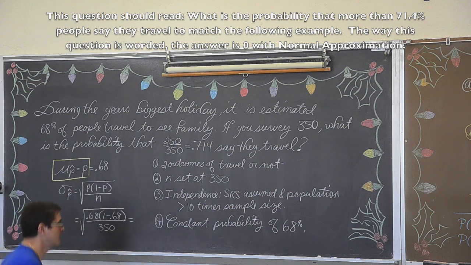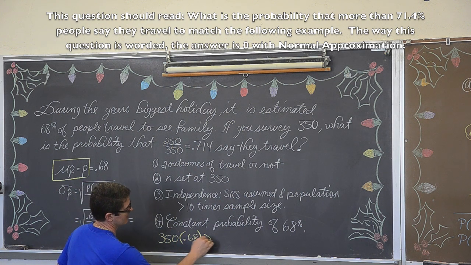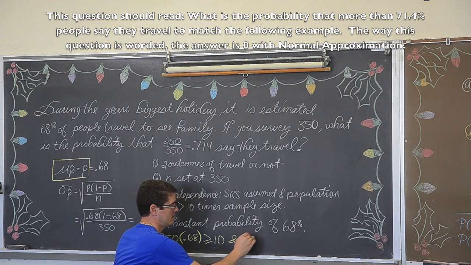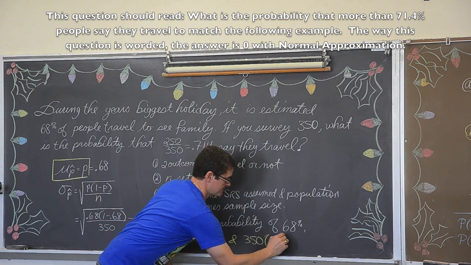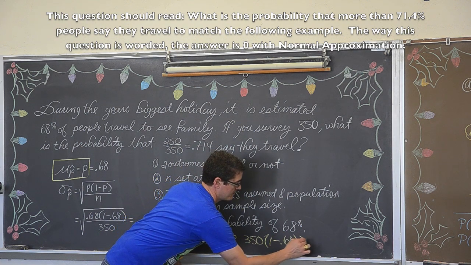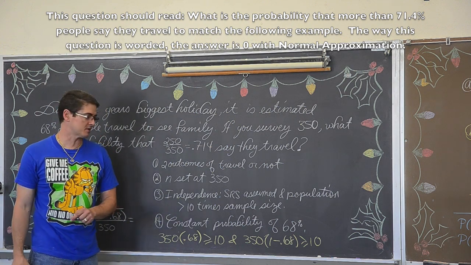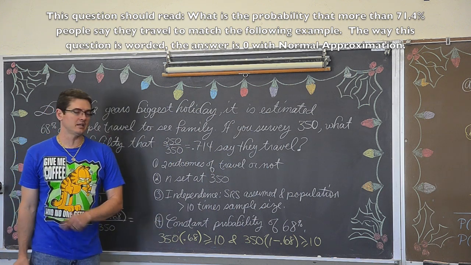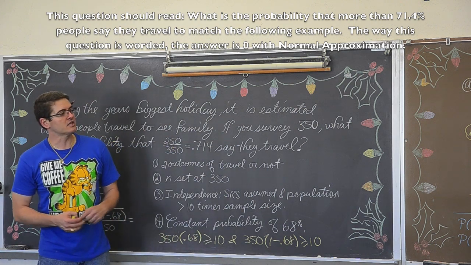So you need to make sure that 350 times the probability of success is greater than or equal to 10, and that n times 1 minus the probability of success is both greater than, both of those have to pass, they both have to be greater than or equal to 10, and indeed they are. So I've checked that I have a binomial setting. I've checked for normality. Didn't write it because I'm a little bit out of space here, but this is my normality check. And let's walk through some examples.